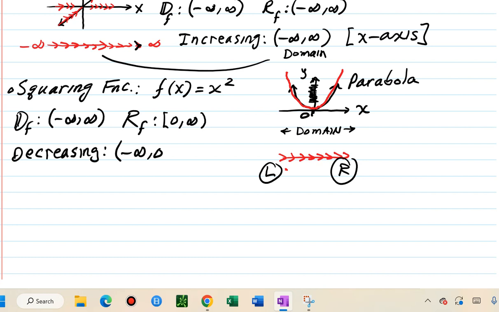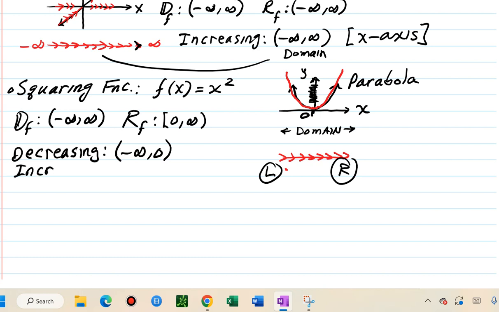And for increasing, decreasing, we agreed to use open intervals because we define the concept of increasing and decreasing functions over intervals, not at a point. So we don't include a bracket at 0. Some textbooks and some professors do, but I'm just going to follow the common convention of the majority of authors, textbooks and professors, and not include the brackets.